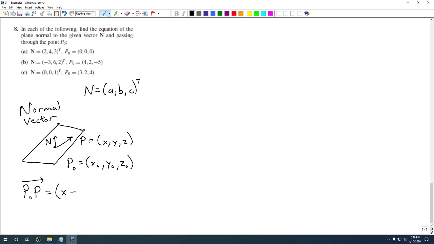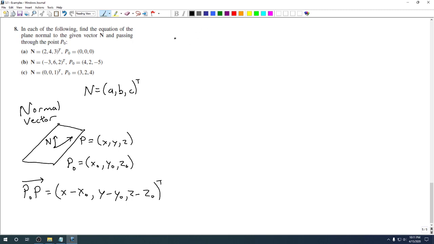So we have x minus x0, y minus y0, and z minus z0. We're going to put this as a column vector now because it is a vector. We don't really want to think of P0 and P as vectors. It's not really too useful to do that in this context. But we're asking which points P make this vector here orthogonal to n.